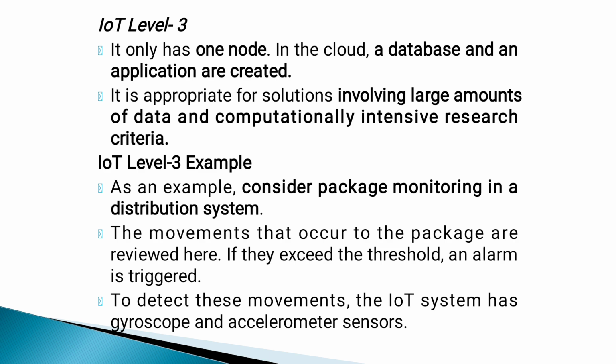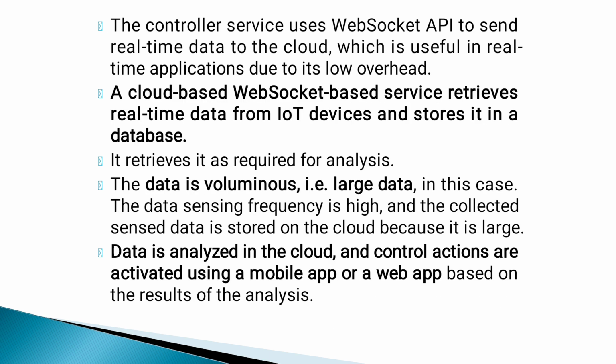The IoT system has gyroscope and accelerometer sensors. The controller service uses the WebSocket API to send real-time data to the cloud, which is useful in real-time applications due to its low overhead. A cloud-based WebSocket service retrieves the real-time data from the IoT device and stores it in the database.